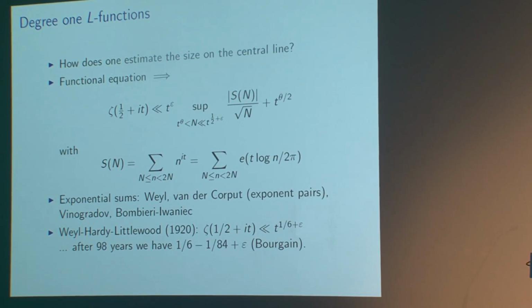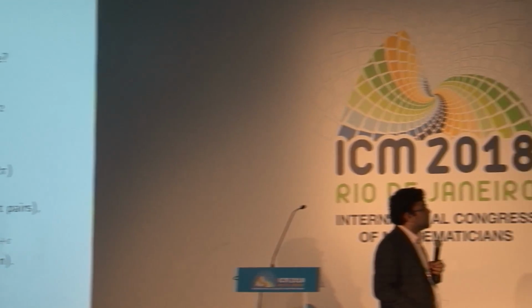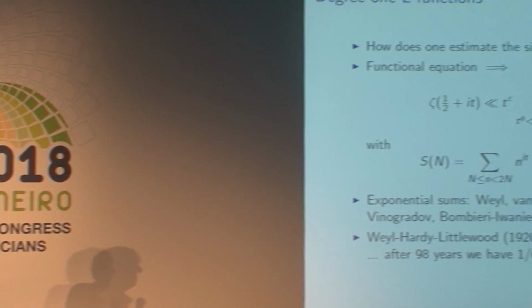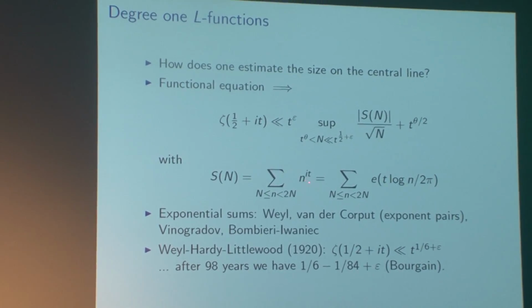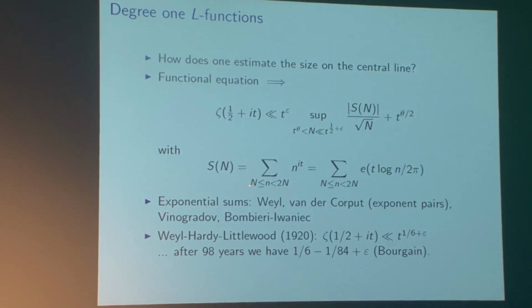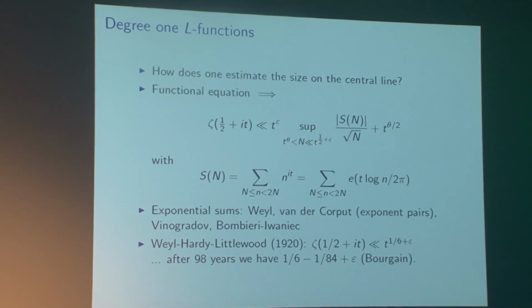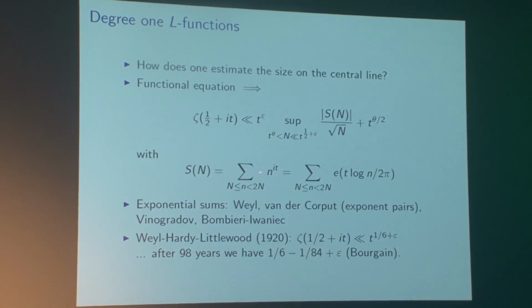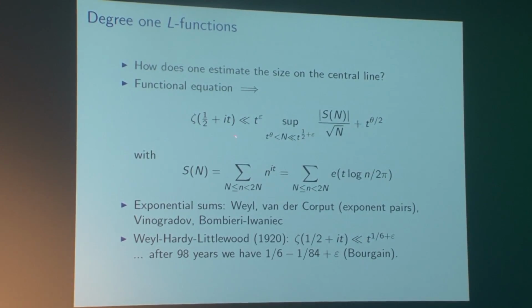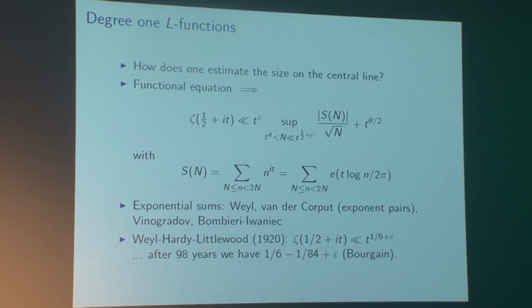It's bounded by the supremum of |S_N|/root N, where the S_N are partial sums of n^{it}. These are the harmonics that appear in zeta(1/2 + it). The small n runs between capital N and 2N, and N has to be taken up to t^{1/2}. If you just take the trivial bound for this, then you recover the convexity bound. To get a subconvex bound, you have to get some cancellation in this exponential sum.